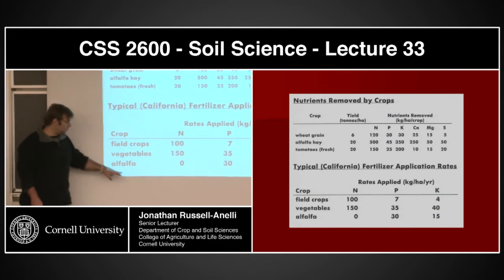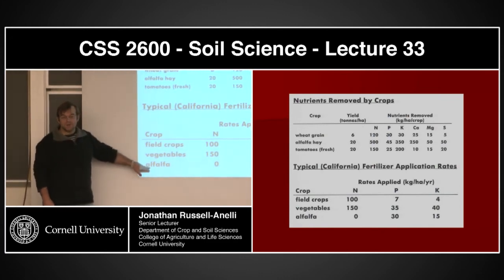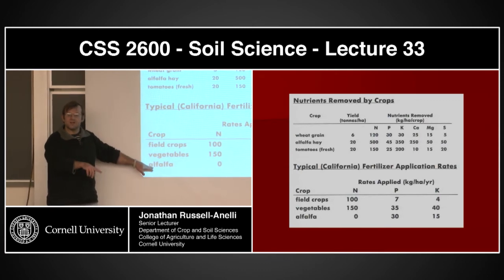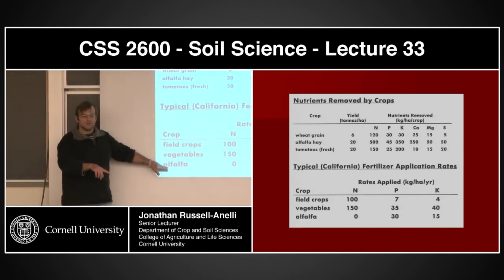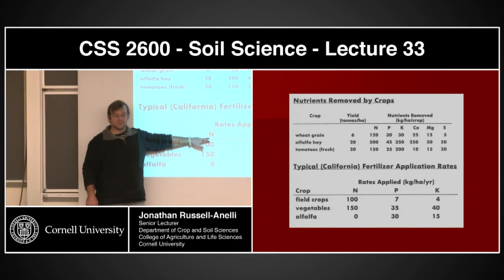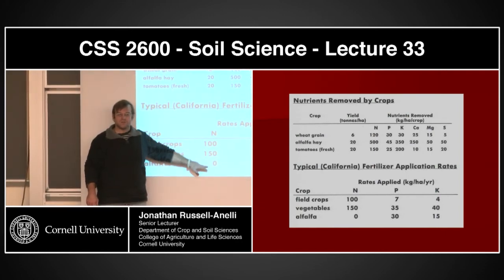That has to do with my crop. What is my crop? It's alfalfa. What does alfalfa have the ability to do? Or not necessarily alfalfa, but something that's in a symbiotic relationship with alfalfa. Nitrogen fixation. Put alfalfa into the system, I don't have to add any more nitrogen.